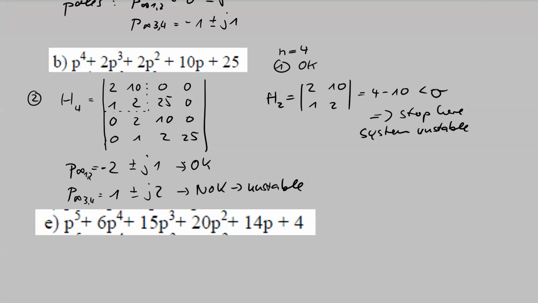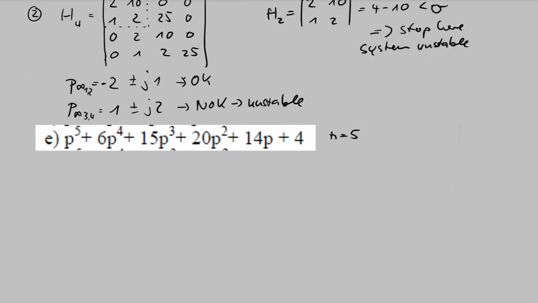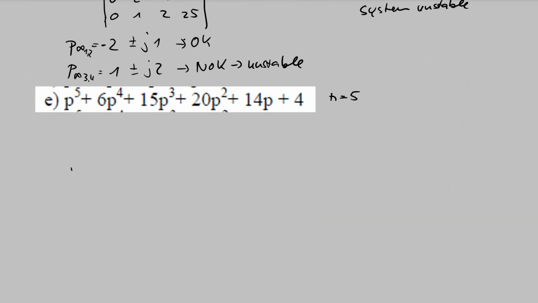We have now an N is 5 element example. So we have to fill H5, and we have a 5 rows, 5 column determinant, starting with 6 in the top row.